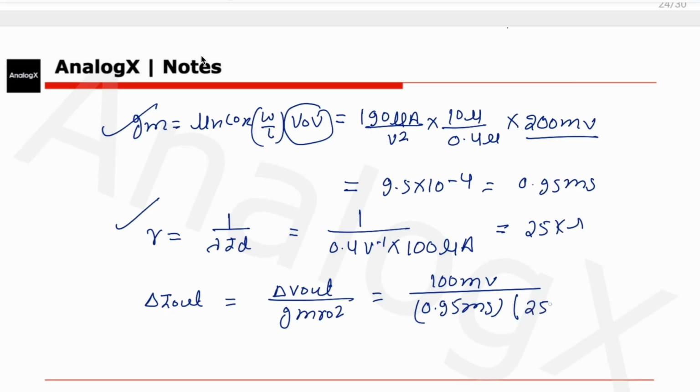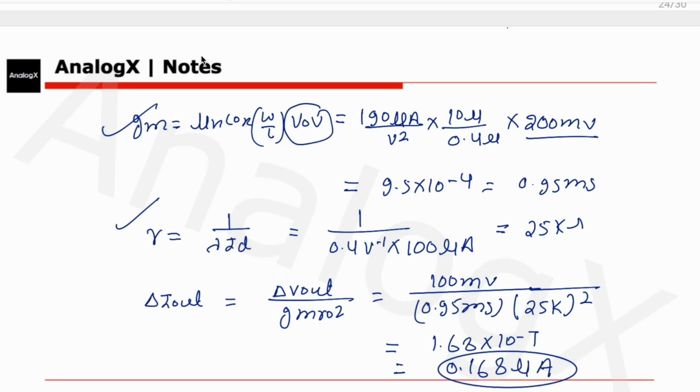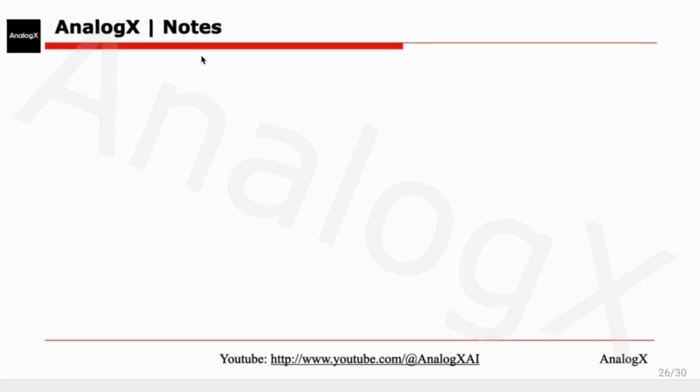So put 25 kilo ohm square here. This will give us 1.68 into 10 to the power minus 7, that is 0.168 microampere.